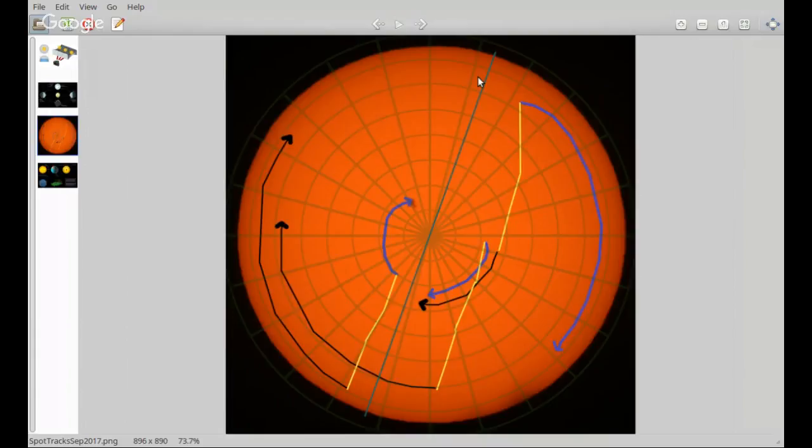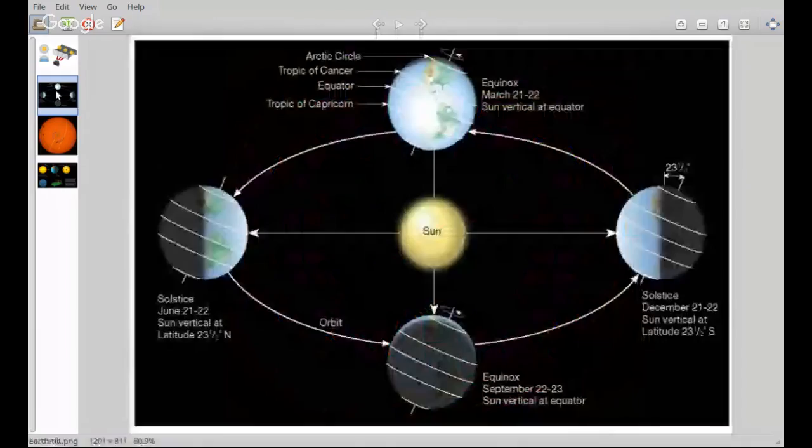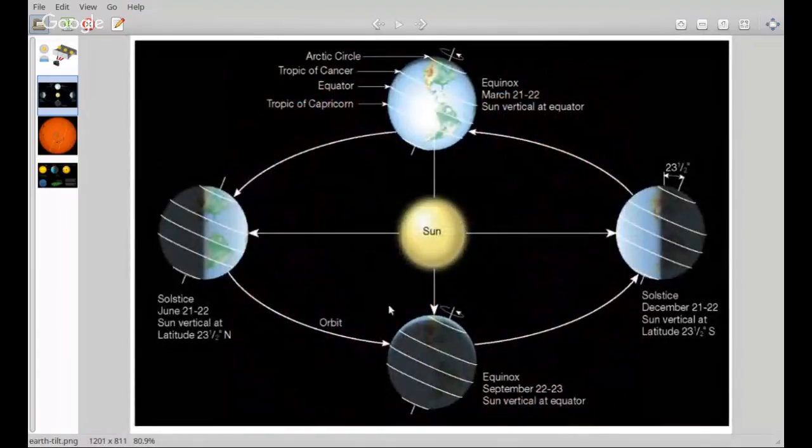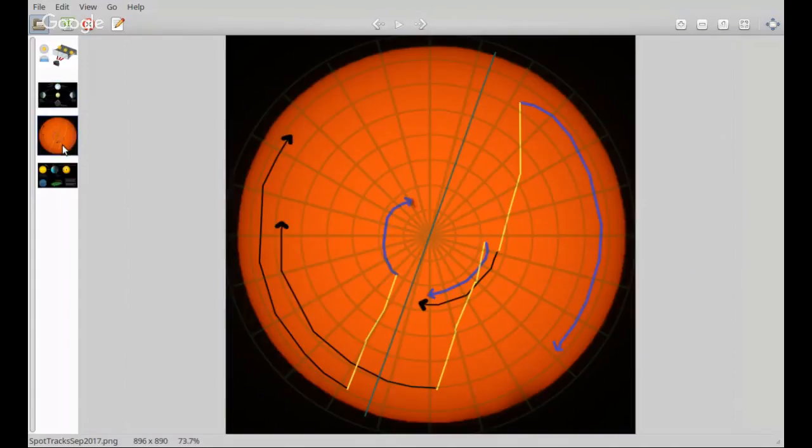That's 90 degrees off. And therefore, back to here, if the sun's axis is going like this, which is perpendicular to the equator, as ours is, this pole is our axis of rotation, this is our equator, same with the sun, they're 90 degrees off. Here's the equator of the sun, here's the axis of rotation.